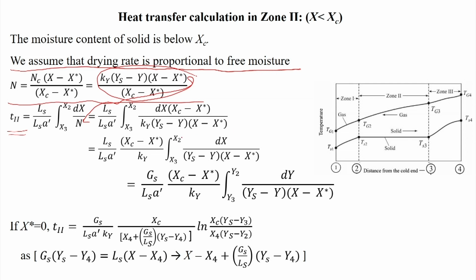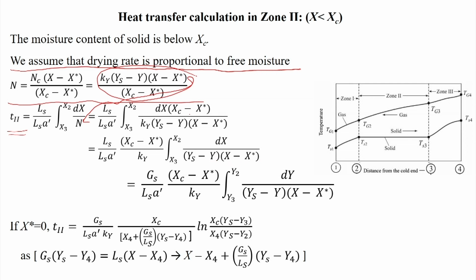After manipulation, the constant parameters Ls by Ls into A prime into xc minus x star, and ky, we take out, then we will be getting integral x3 to x2 of dx by ys minus y into x minus x star.